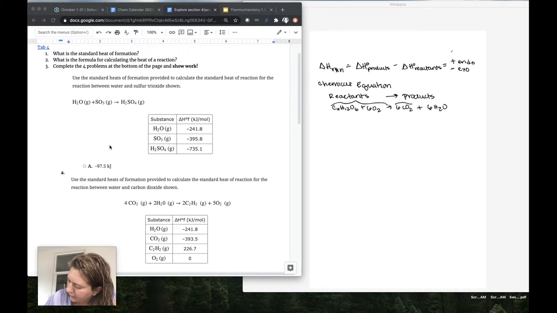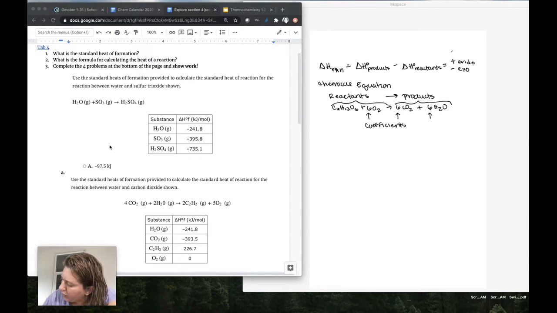The second section is going to be your products. There are numbers in front of some of the reactants and products, and we call those numbers coefficients. So those are all coefficients.